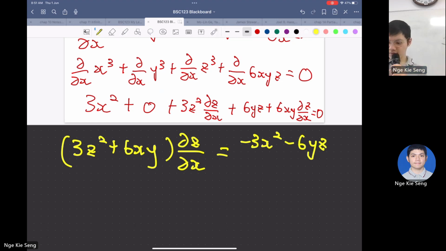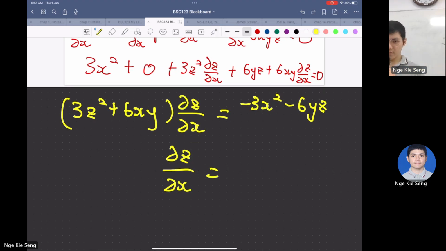Is that right? Yep. So in this case, our del z del x is just minus x squared plus 2yz over z squared plus 2xy.